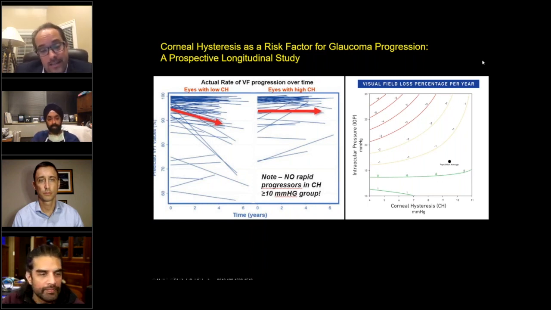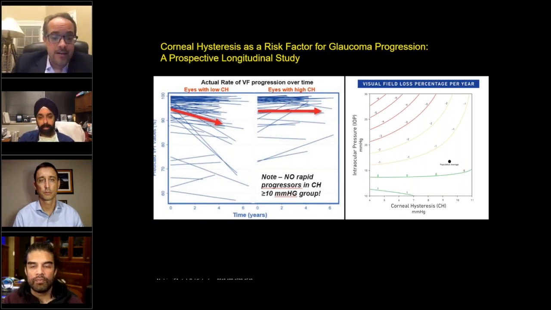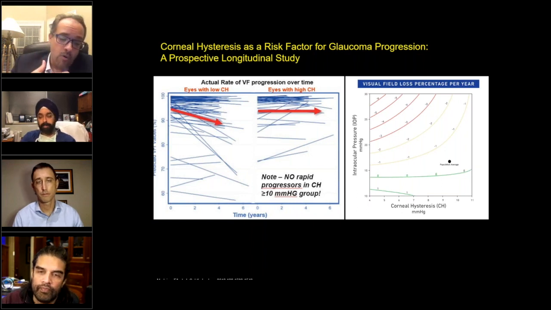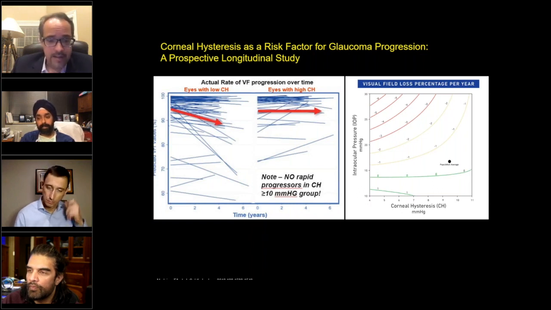Sounds good. So these plots here come from a prospective study that we did, looking at corneal hysteresis as a risk factor for glaucoma progression. We had a cohort of about 110 eyes that we followed over time, and in all eyes we got a corneal hysteresis at baseline, and we followed them over time to see if corneal hysteresis was predictive of which eyes would progress.